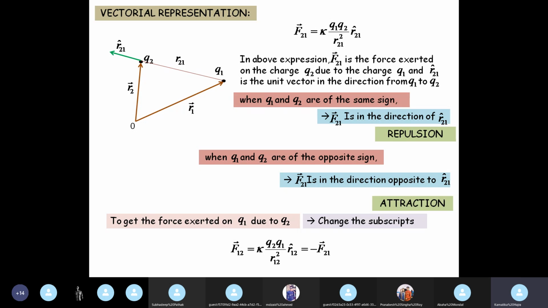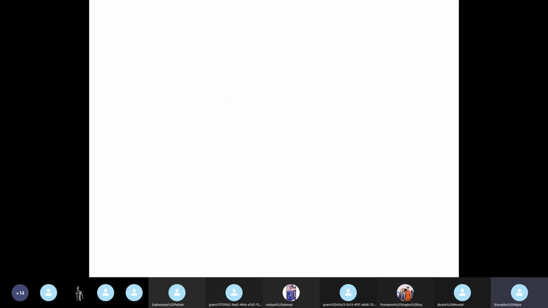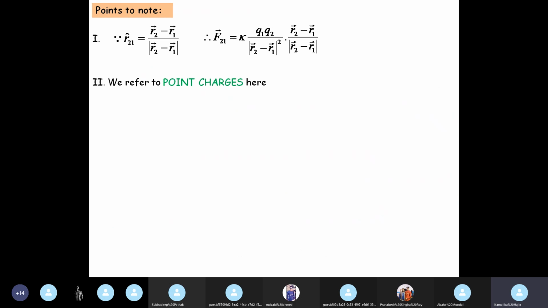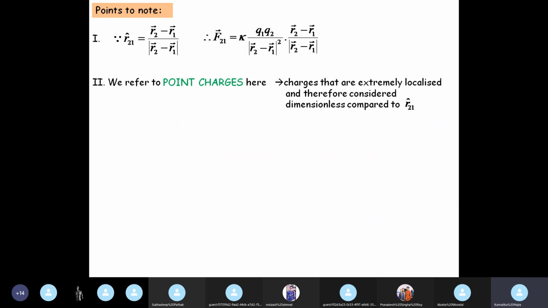Okay. So these are the 2 points that you have to keep in mind when you are looking at the expression of the force between two charges as given by Coulomb's law.